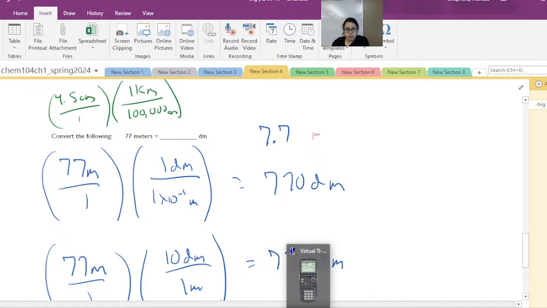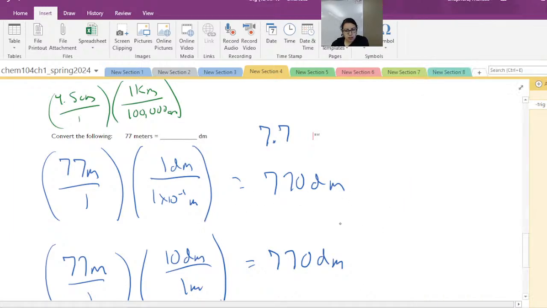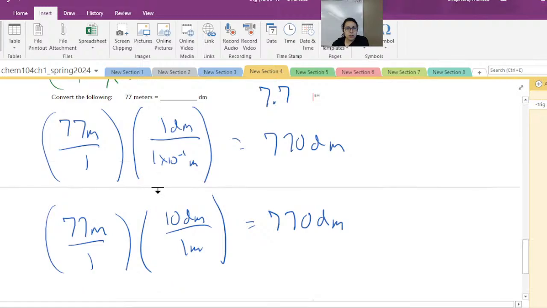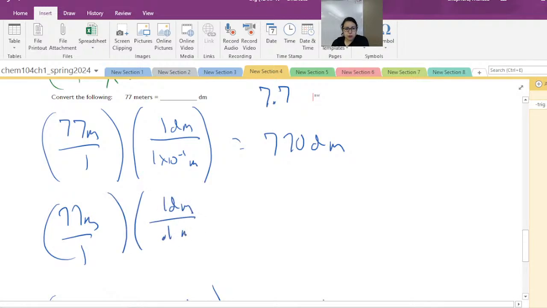You could multiply 1 decimeter by 10... Sorry, I got lost over what your question is, because 1 times 10 to the negative 1 is the same thing as writing 1 decimeter is 0.1 meters, right? That's the same thing.